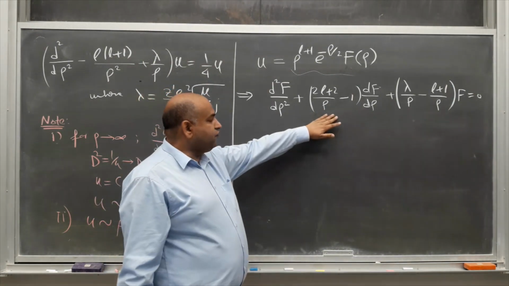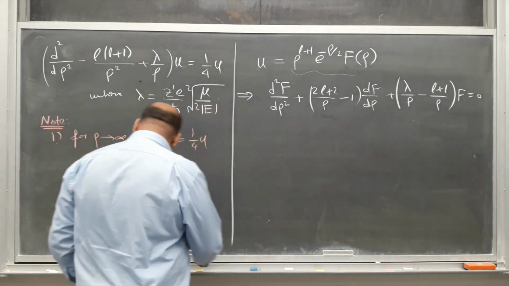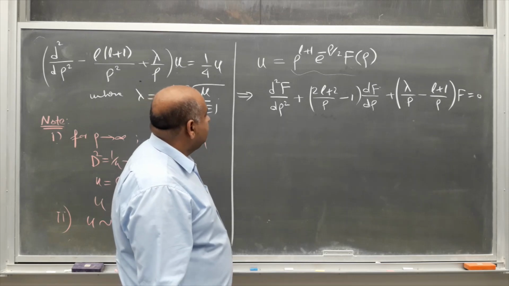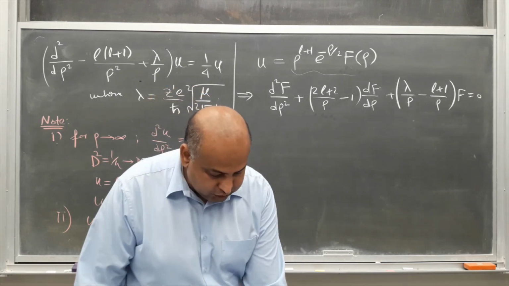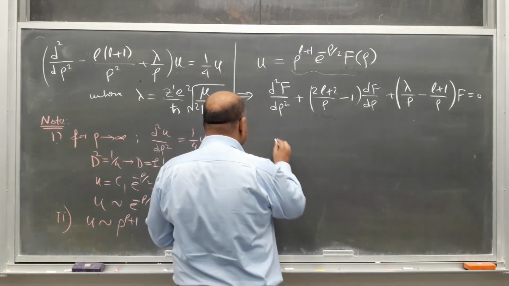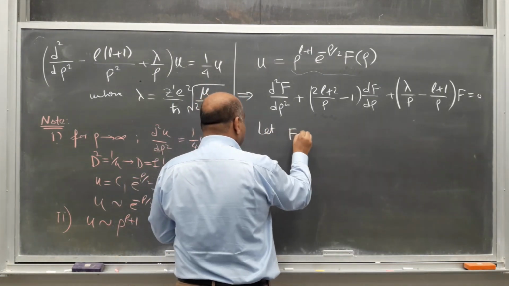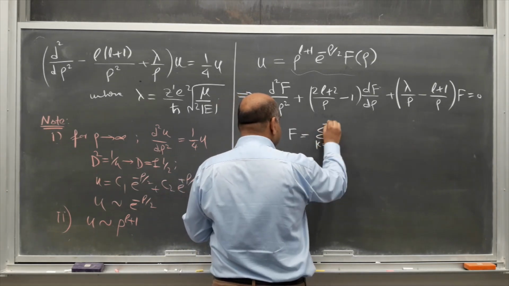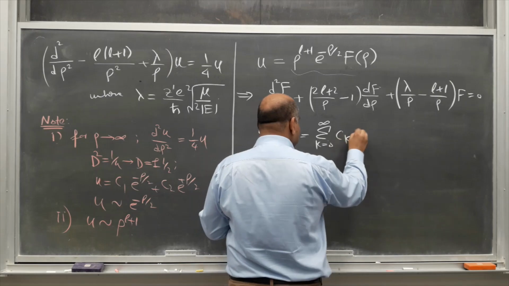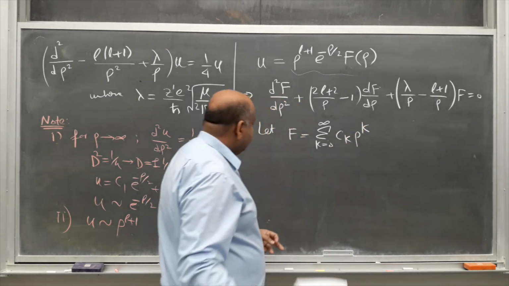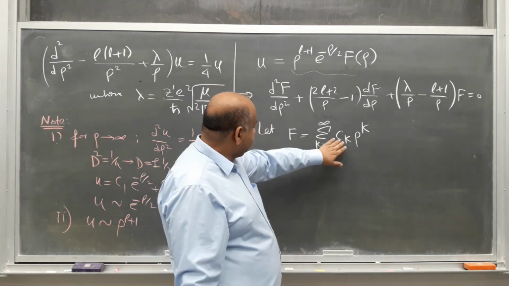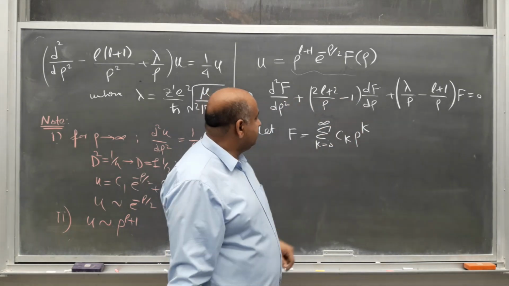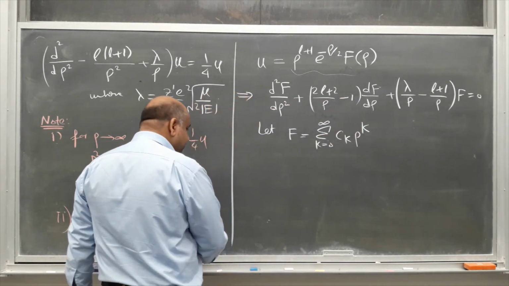Now we have to find this function f, and to find this function f, let's assume that its solution can be written like this, that f is a power series like this, and our job is just to find this coefficient ck once we substitute this f into this equation. Alright, so let's do that.